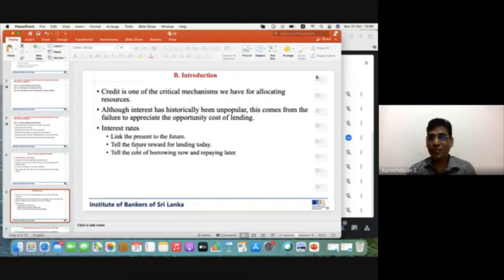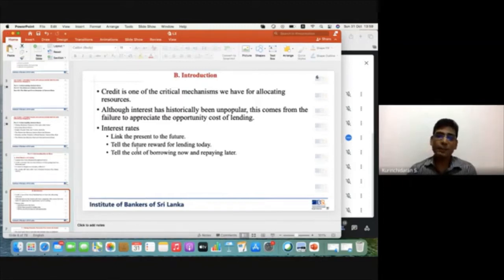Because if I forgo my consumption today, that's what saving money is. But if you don't give enough return, I won't be able to save. Clear? Take an example from Sri Lankan history in past years: people didn't want to save because the interest income from deposits was too low.